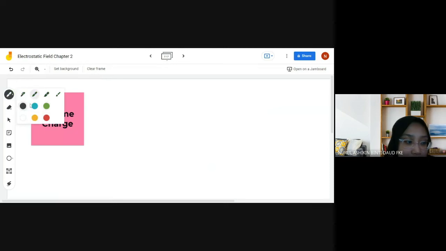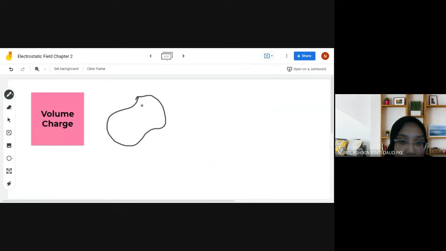So in terms of volume, let's say that we have an area here. What information can we get from here? We can get the volume dimension, the volume of this shape.